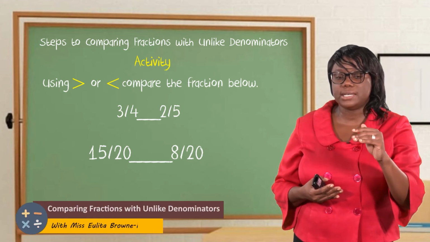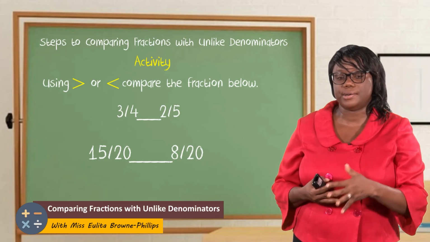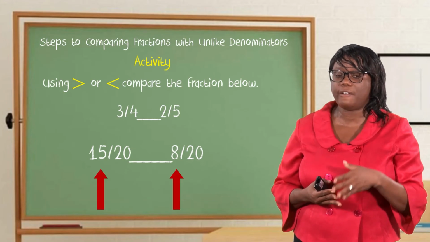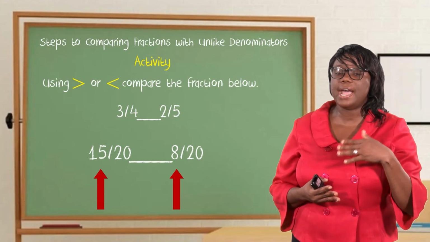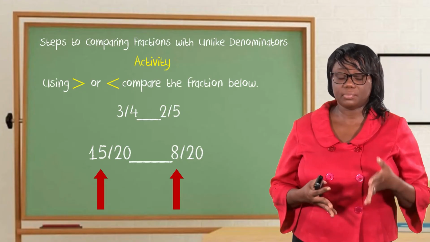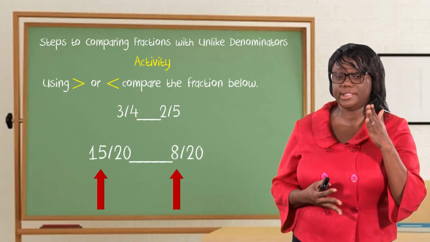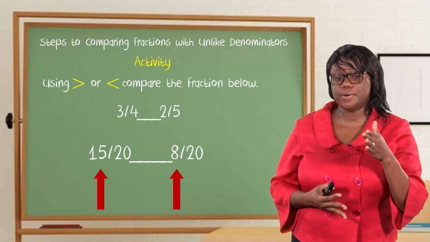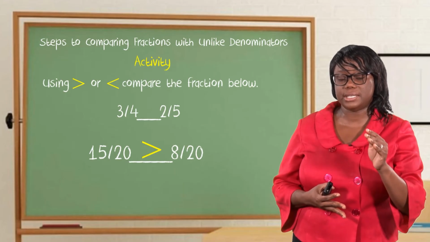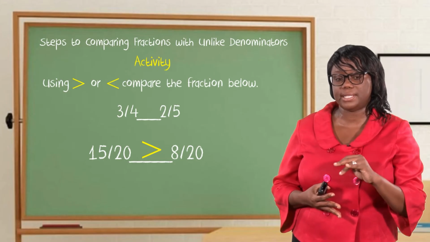Which numerator is greater? Let's identify the numerators. The numerators are 15 and 8. So boys and girls, 15 is greater than 8. So the fraction 15 over 20 is greater than 8 over 20.